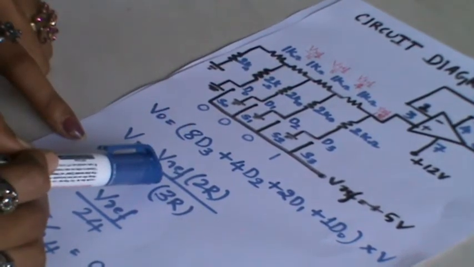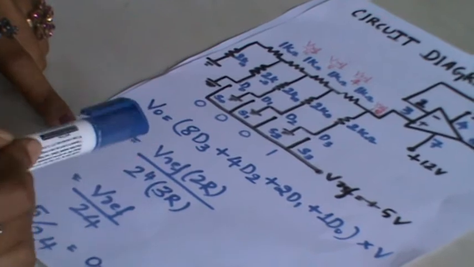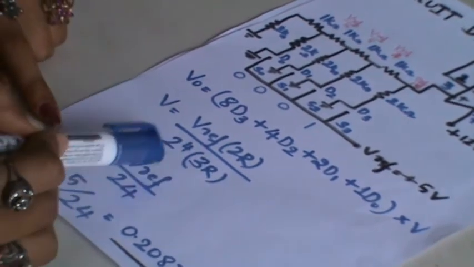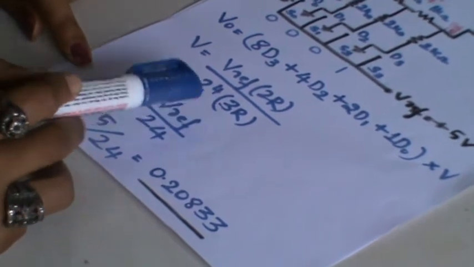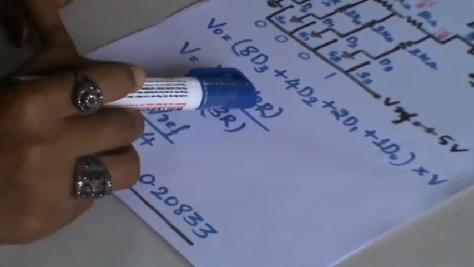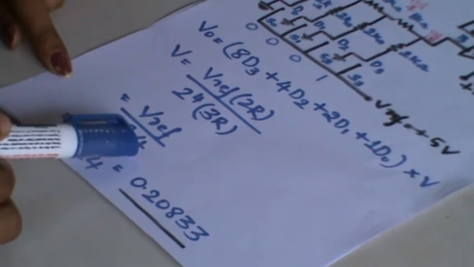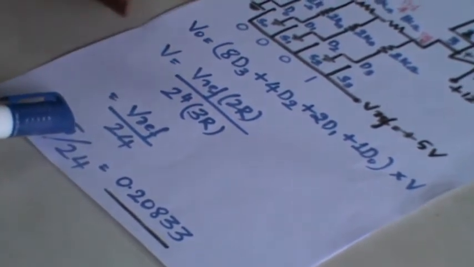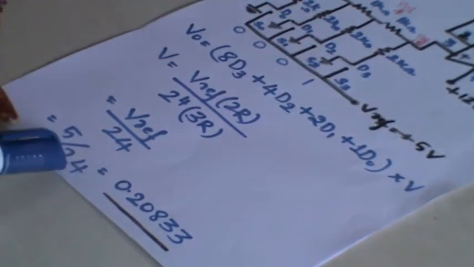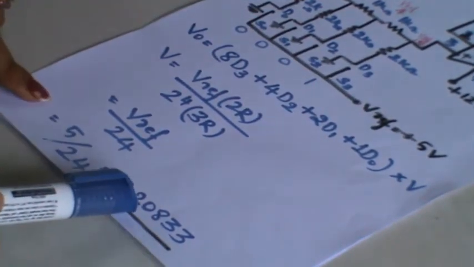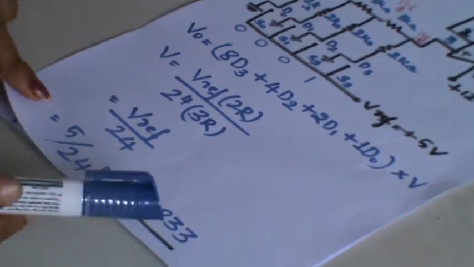So 2 to the power n will take 4 into 3R. V reference, your R and R will get cancelled. You will remain with 2 power 4 into 3, above it is 2. You simplify, it will get 24. V reference value we are taking as 5 volt. So 5 by 24 will give you 0.20833.